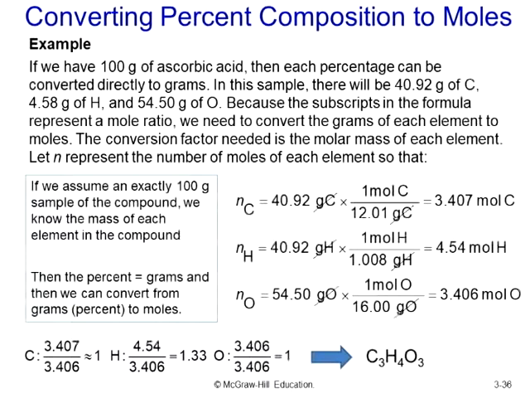Occasionally, when we're doing chemistry problems, we have to convert percent composition to moles. This example will show you how to do that. Lecture 1 of Chapter 3 also has some examples. So let's take this example for a review. If we have 100 grams of ascorbic acid and we have 40 grams of carbon, 4.58 grams of hydrogen, approximately 54 grams of oxygen, how many moles of each of these would we have?